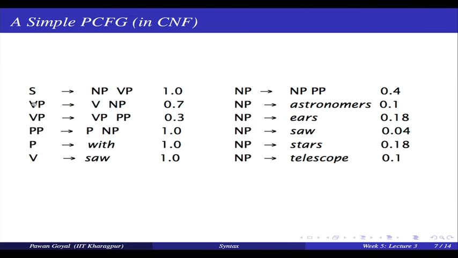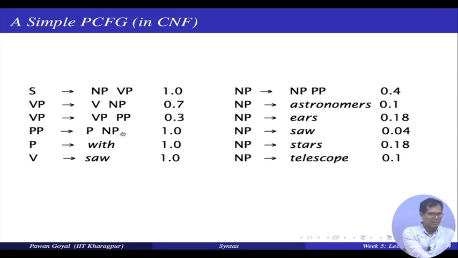From VP, there are 2 rules. VP can give me V followed by NP or VP followed by PP. The constraint is that the probabilities of these 2 rules should add up to 1. So that's what is happening here. The first rule has a probability of 0.7, the second rule has a probability of 0.3. So these 2 add up to 1.